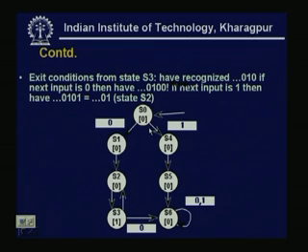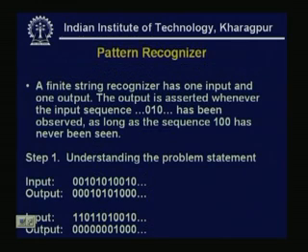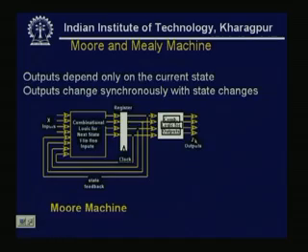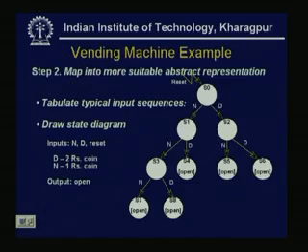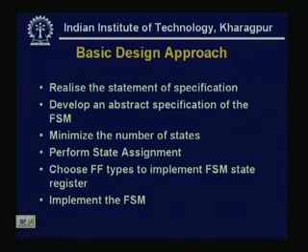What we have done is that we mainly want to construct a pattern recognizer, and the basic design approach we have seen is that first we have to realize the statement of specification.